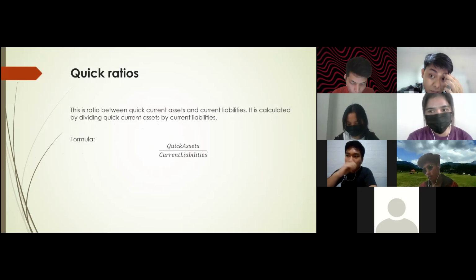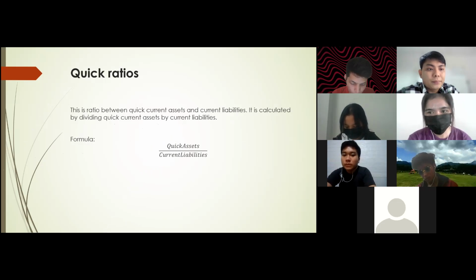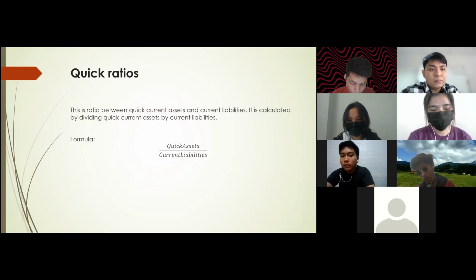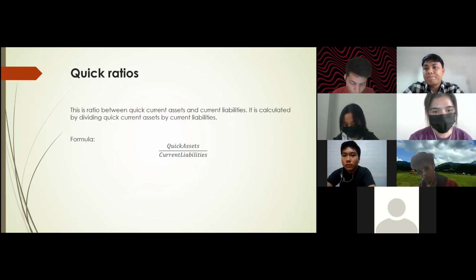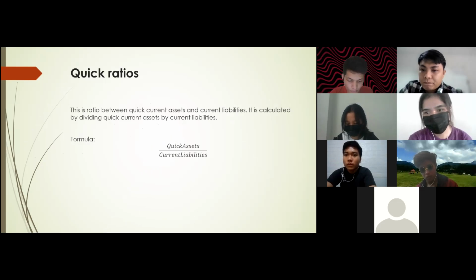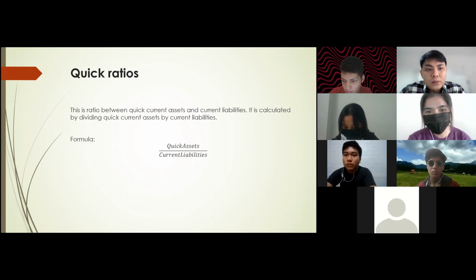Okay, quick ratio. In the quick ratio, the quick assets are supply, receivable, cash, and short-term investment.